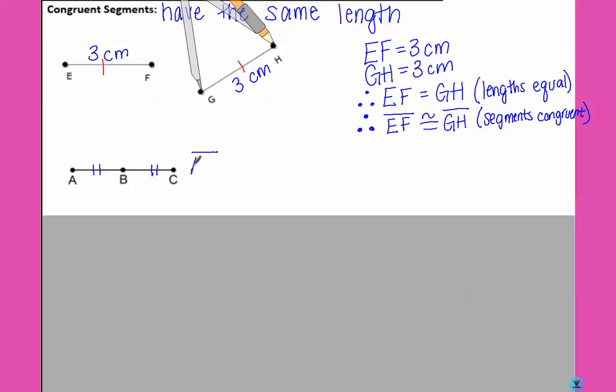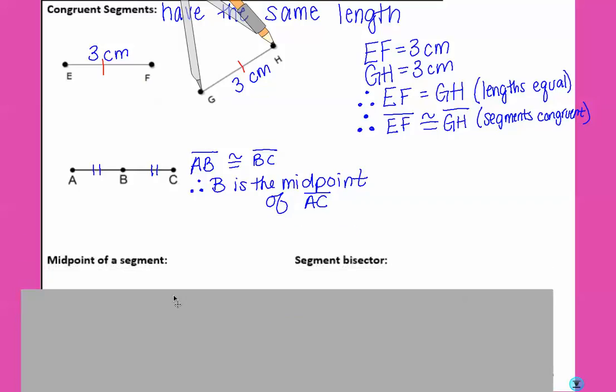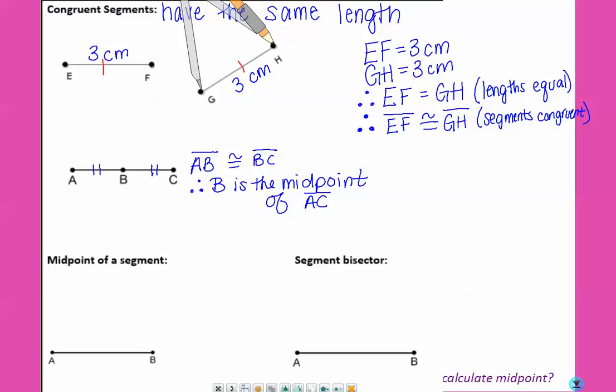So if AB is congruent to BC, we could then say that B is the midpoint of the segment AC. Which leads us to our next definitions, midpoint of a segment and a segment bisector.